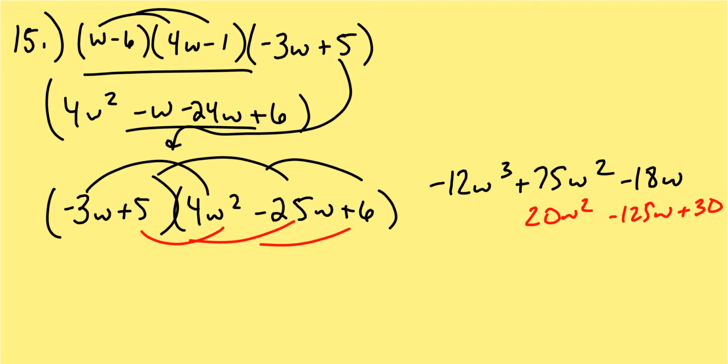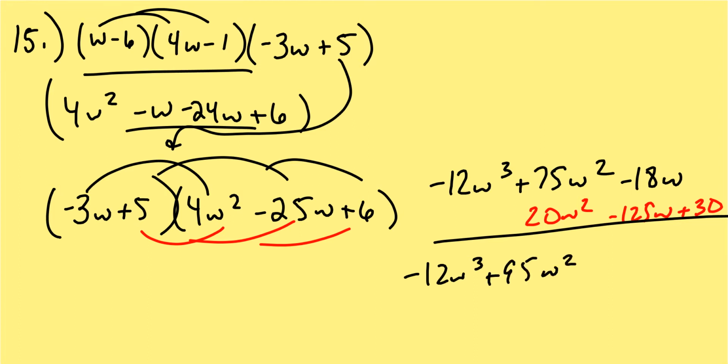Now I combine my like terms. I end up with minus 12w cubed plus 95w squared minus 143w plus 30. Here's my final answer. And that's it for 15.